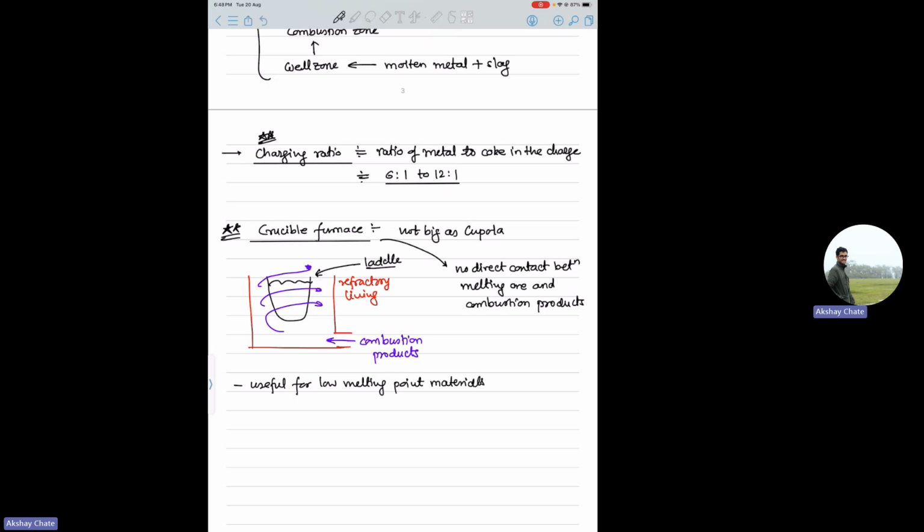Most of the time it's metals, but let's say materials such as aluminium, bronze, brass, etc.